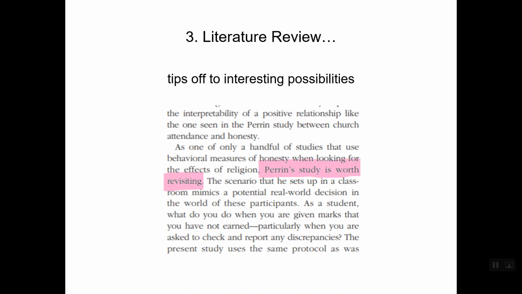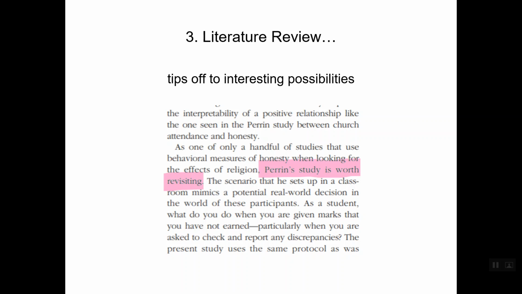As I mentioned, we're skipping some parts. We'll move on to the literature review. The literature review alludes to and tips you off to more and other interesting possibilities. In this example, we'll read like this: as one of only a handful of studies that use behavioral measures of honesty when looking for the effects of religion, Heron's study is worth revisiting.